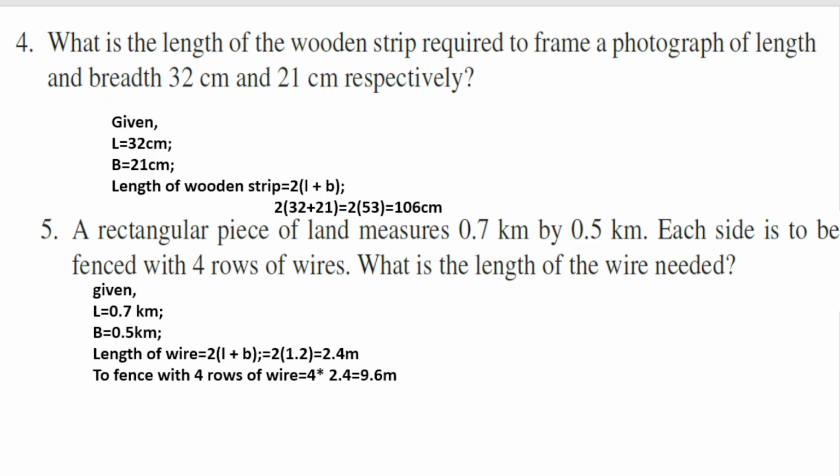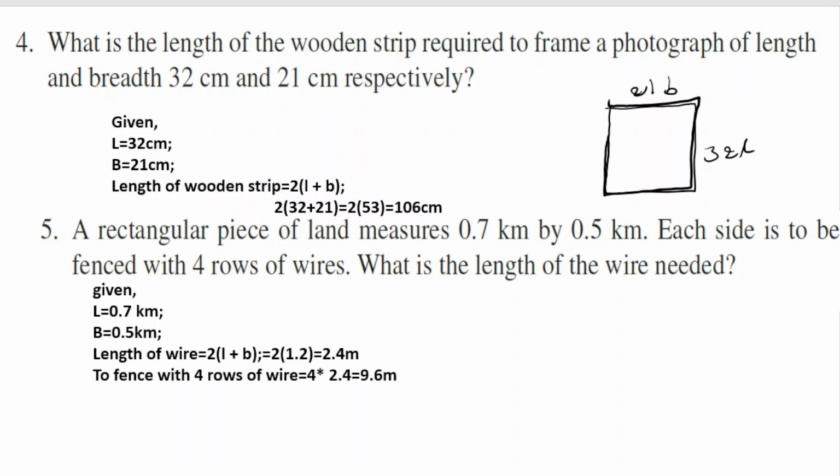And coming to the next one, what is the length of the wooden strip required to frame the photograph? Suppose this is a rectangular photograph having breadth as 21 and length as 32 centimeters. And here the photograph has to be framed with a wooden frame.